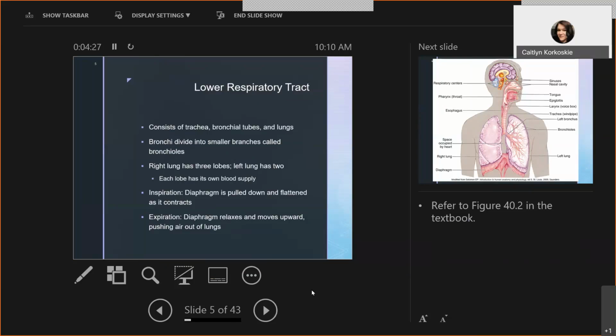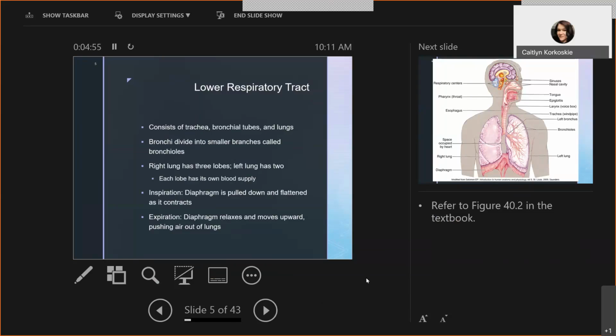So the lower respiratory tract consists of your trachea and the bronchial tubes into the lungs, and the bronchi are divided into smaller branches called bronchioles. The right lung has three lobes, and the left lung has two. Again, the left side, that's because of the heart. It's got to make some room for that.